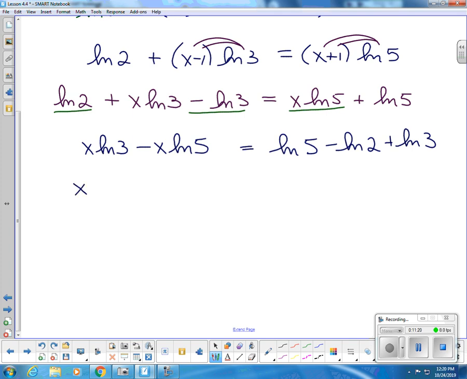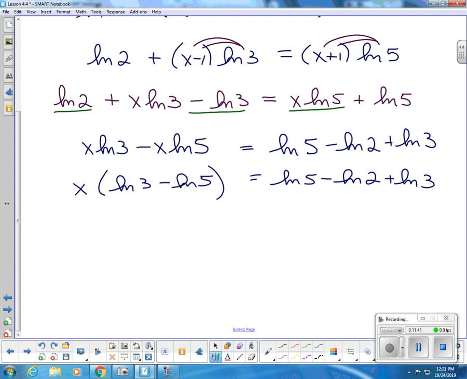So I can take an x out, can't I? If I factor an x out front, now I have a single x. And then our very, very last step would just be to divide by this entire thing.